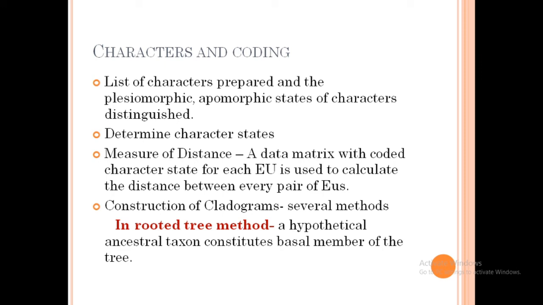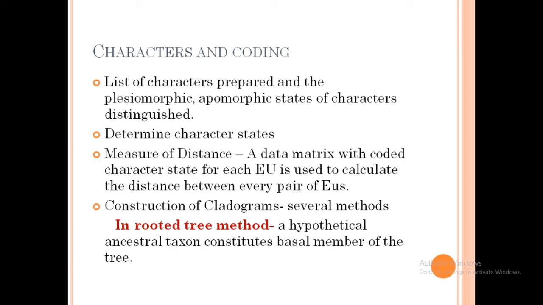A data matrix with coded character states for each evolutionary unit is used. So a data matrix is prepared with character codes. Then a cladogram is constructed. So here the character states of plesiomorphic and apomorphic, primitive and derived, are considered based on that data matrix prepared and coded.